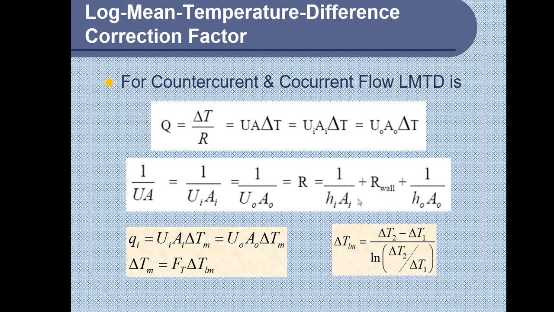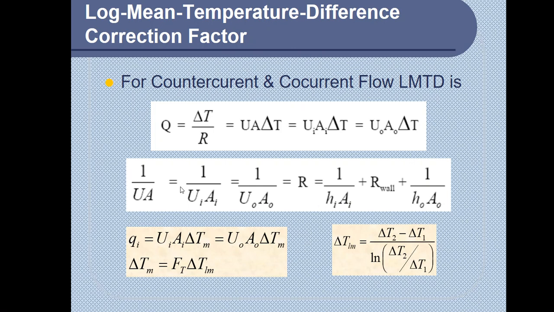So outer to the inner part of the system of tubes. This is how we account for the overall resistance. These two are convective resistances. This one is conductive resistance.